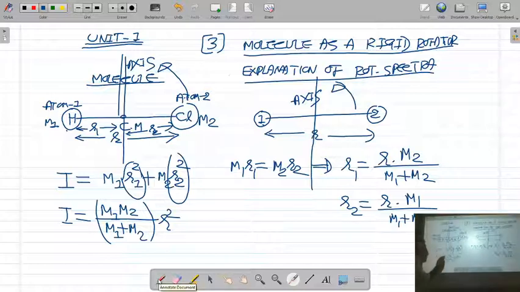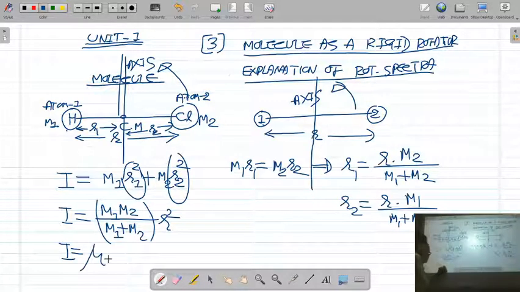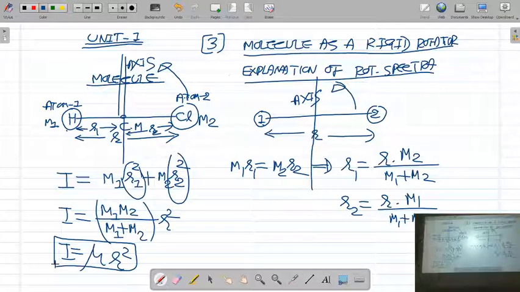Okay, this is a well-known term. m1 m2 upon m1 plus m2 is called the reduced mass of the molecule, mu.